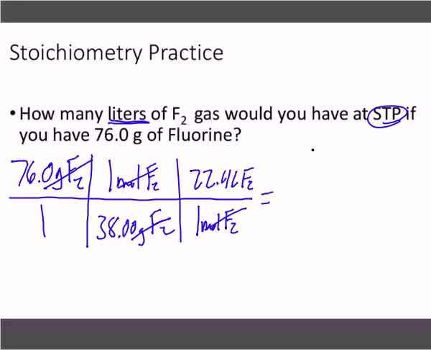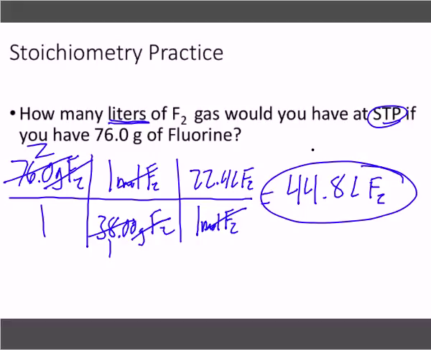When you go ahead and do the math, what do you get for a final answer? 44.8 liters. These will actually reduce down to 2 and 1. 44.8 liters of fluorine. Easy? All right, now do you think we're always going to be at STP, folks? No, you can only use this when you're at STP.